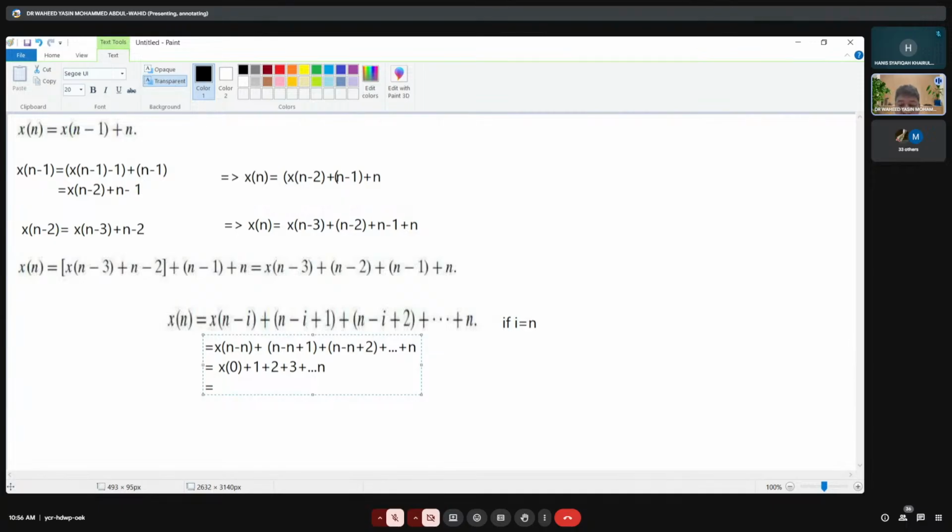x0 we have 0. x0 equals 0 according to our base rule.